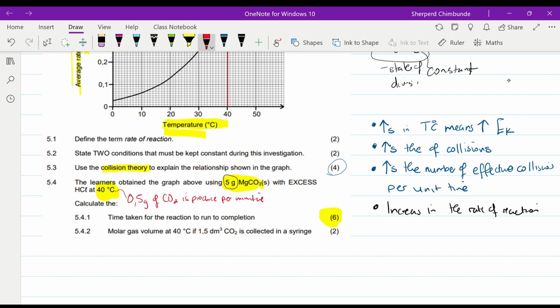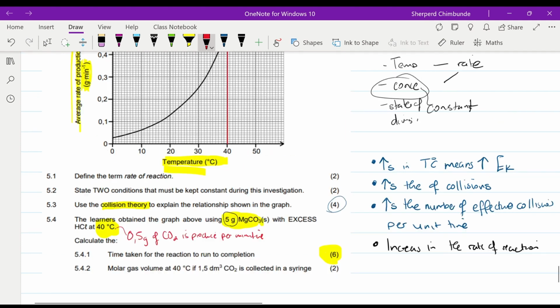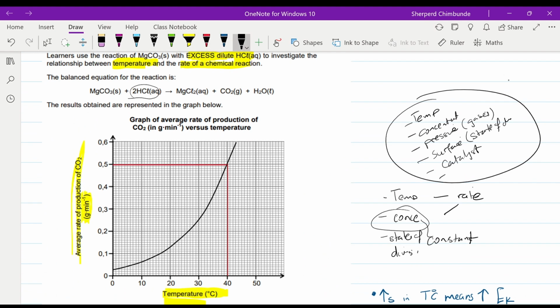So in order to find out how long it will take, we need to know how many grams of carbon dioxide will come from MgCO3. That requires a balanced equation. Let's look at our equation. Is it balanced? Magnesium, magnesium, 1 carbon here, 1 carbon, 3 oxygens, 1, 2, 3, 2 hydrogens here, 2 hydrogens there, 2 chlorines, 2 chlorines.